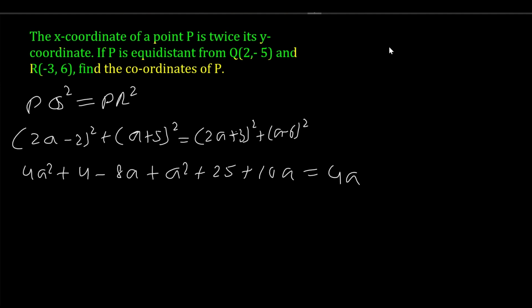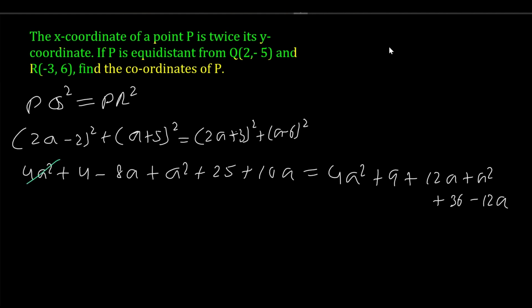Once again, 2a whole square is 4a square, plus 3 square is 9, plus 2 times the product of this, that is 12a. 3 into 2 is 6, 6 into 2a. Plus expansion of this will give you a square plus 6 square, which is 36, minus 2ab, that means product of these two into 2. That should give you minus 12a.